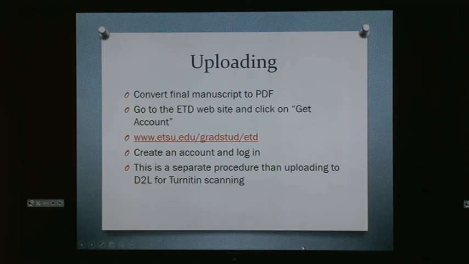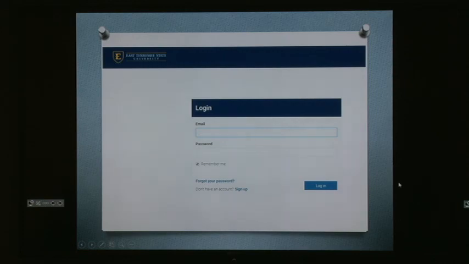So note that. So when you click on Get Account from the ETD website, you'll see this, and you will not go ahead and log in. You have to create an account first. This is a separate system from the ETSU system, so if you try to log in using your ETSU username and password, then it won't work.